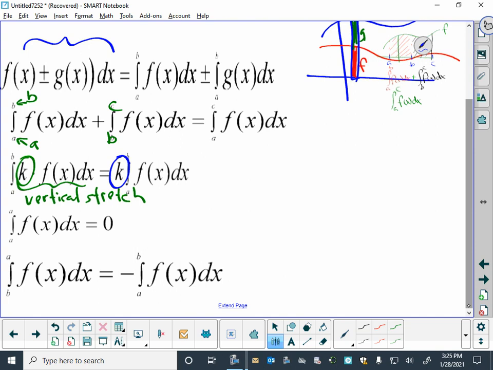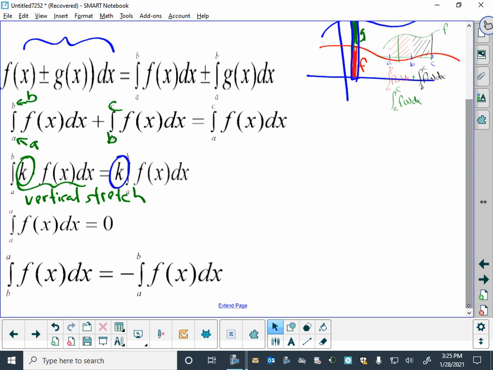Okay, so in the Riemann rectangle language, all of my rectangles got k times as tall as they were, and so that portion of the area calculation, they're not similar because we didn't stretch them in both directions the same amount, but that one vertical stretch made the overall area k times as much.